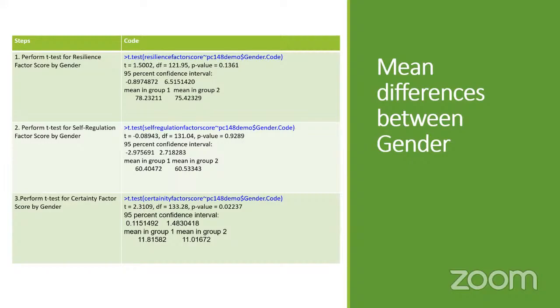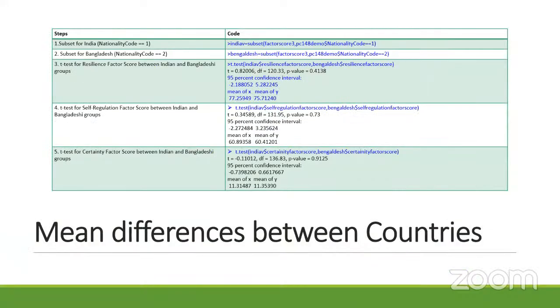Next. It is the mean differences between countries. And again, you will find there are no differences between the two countries with respect to the three variables, or three factors, of Ravindric values.